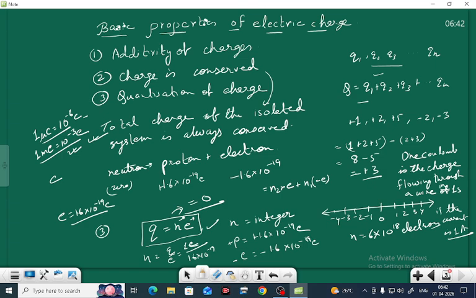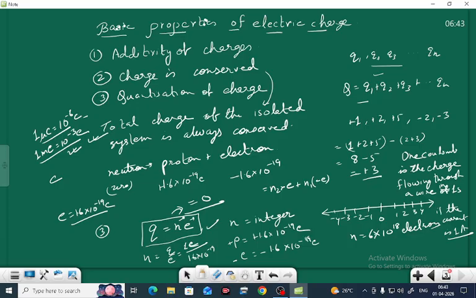Conductors are those materials through which electricity can pass easily, like metals, human and animal bodies, and earth. Insulators are those which offer high resistance to the passage of electricity, such as nylon, glass, porcelain, and plastic. Besides that, there is another category, semiconductors, which offer resistance to the movement of charges intermediate between conductors and insulators, for example germanium, right?